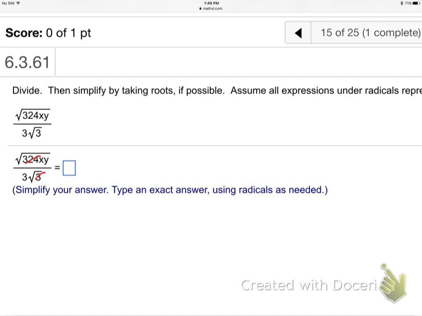Right, they can interact, but the 3 on the outside's in a different world, and you can't do anything with him, right? Y'all good with that? So 3 goes into 324 108 times. So the first step would be root of 108xy over plane 3. Right, this went in 108 times. Good for the first step.